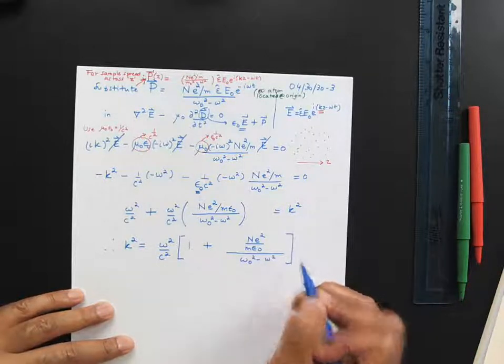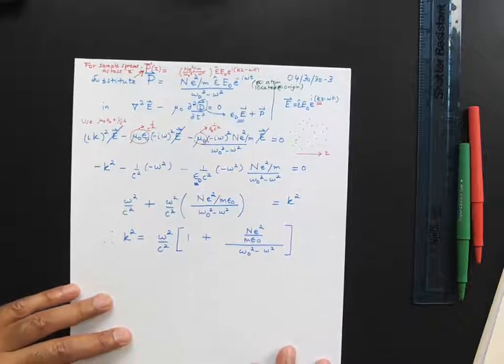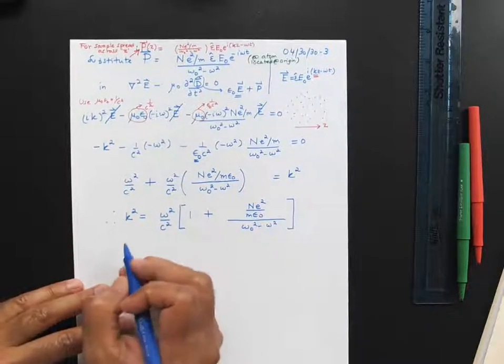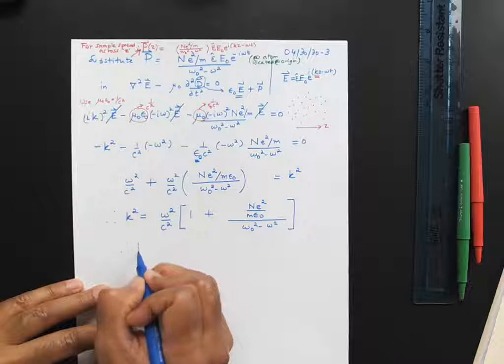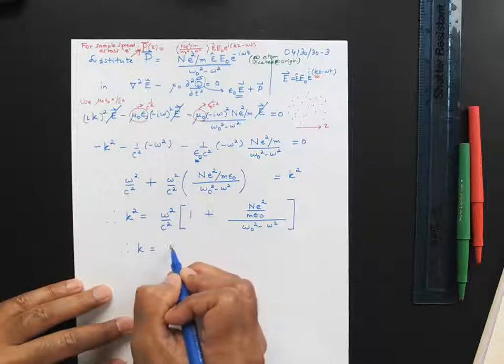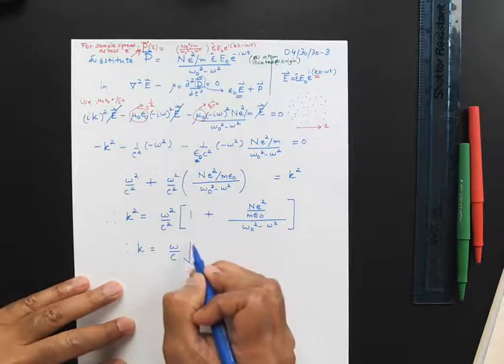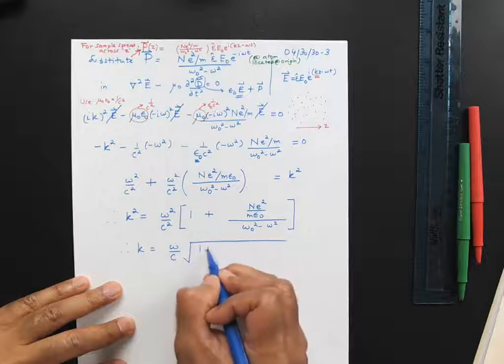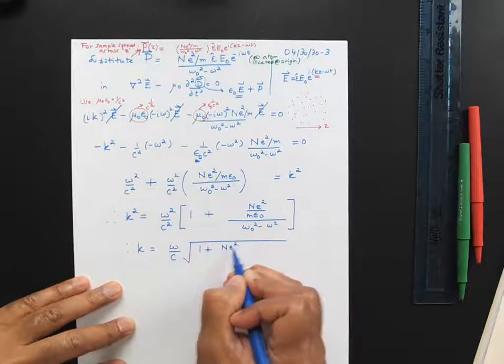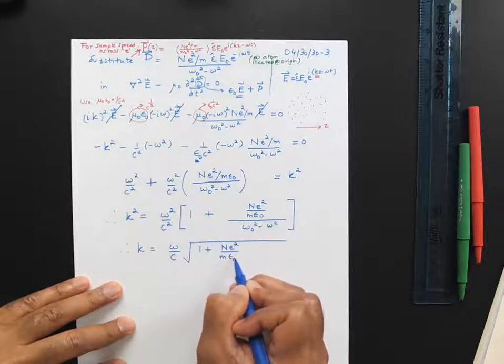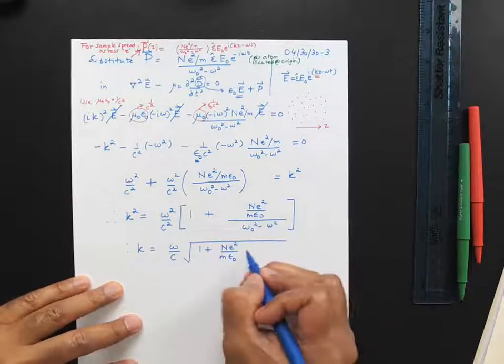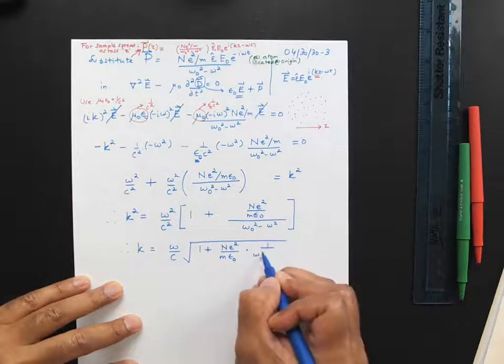There. And so, taking the square root, this is omega over c times the square root of 1 plus n e squared over m epsilon naught times 1 over omega naught squared.